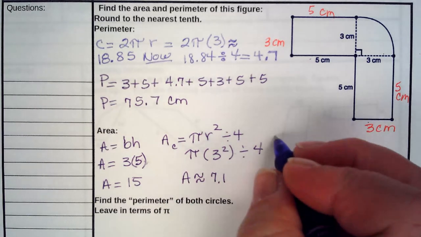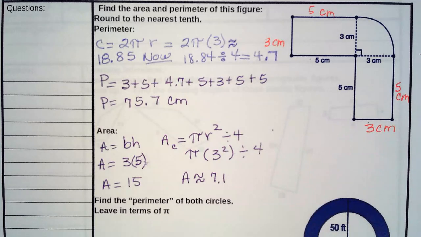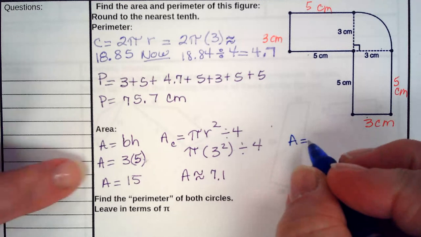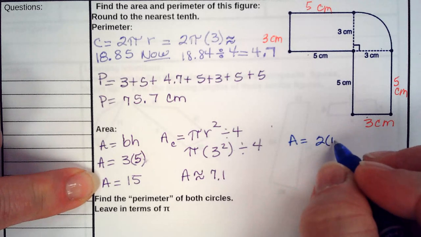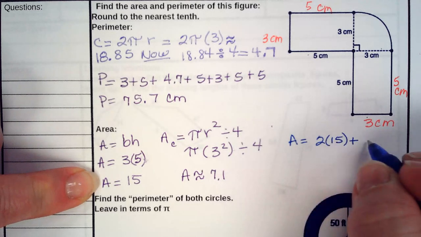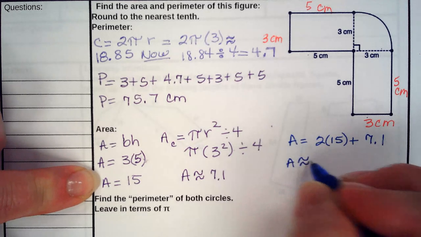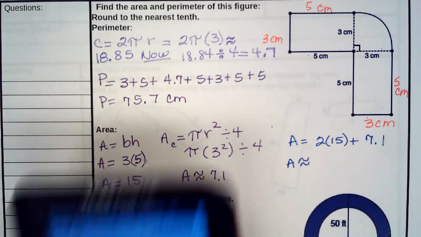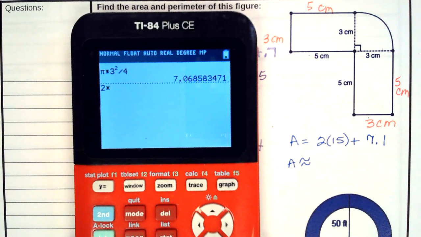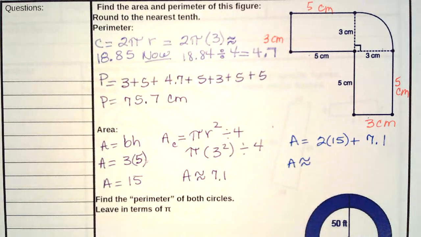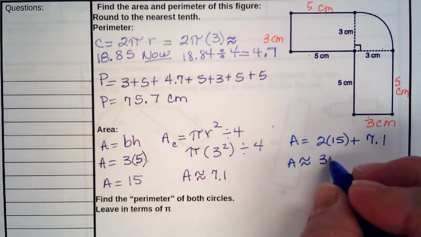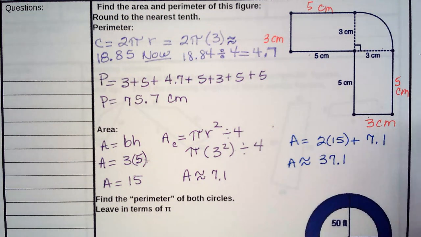Now to find the whole area, we've got 2 that are 15 plus 1 that is 7.1. So our area is about 2 times 15 plus 7.1, which is 37.1.